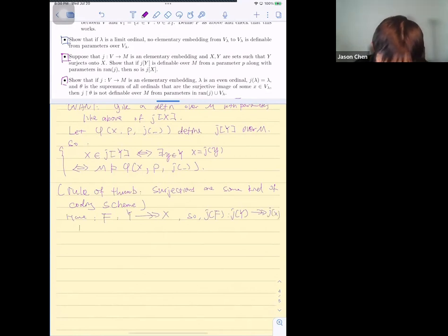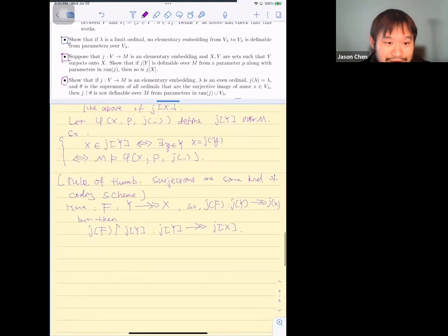But then j of f restricted to j image y is a surjection from j image y onto j image x. I haven't checked this part. I think it's true.